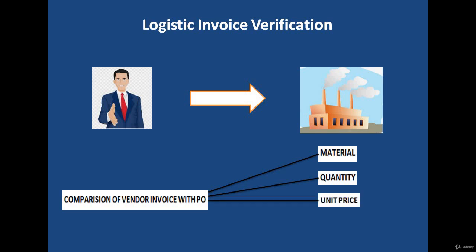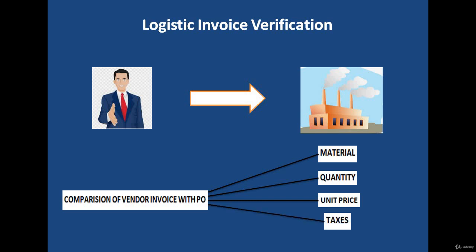Unit price: this particular supply should have the unit price which has been agreed by both the parties, vendor and the company. There should not be any variation in the price, especially the price should not be more.